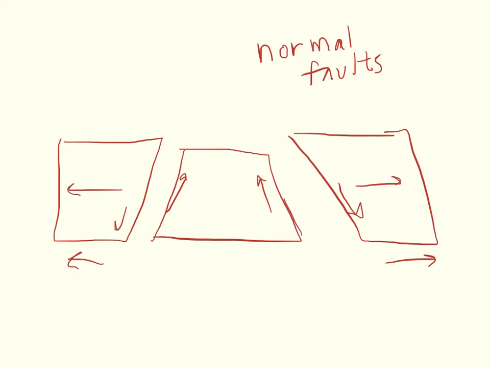It's a foot wall on both sides, and it's moving up relative to the hanging wall, which is moving down. And what's happening here is it's creating fault block mountains. It's a very specific type of mountain, and this is the type that happens in this area. You can find these in the Sierra Nevada, the Mojave Desert, a lot of Nevada and Utah as well.